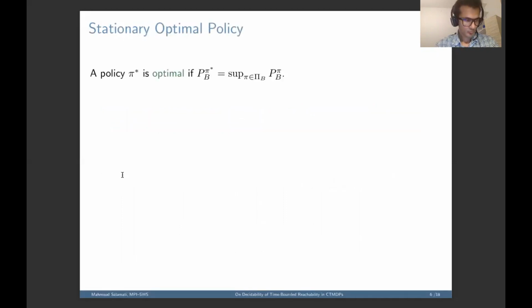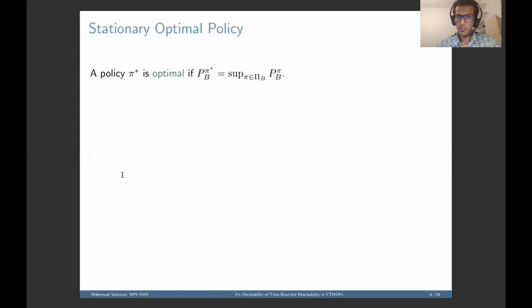So for a given instance of the time-bounded reachability problem for a CTMDP, we call a policy optimal if it maximizes the time-bounded reachability probability.